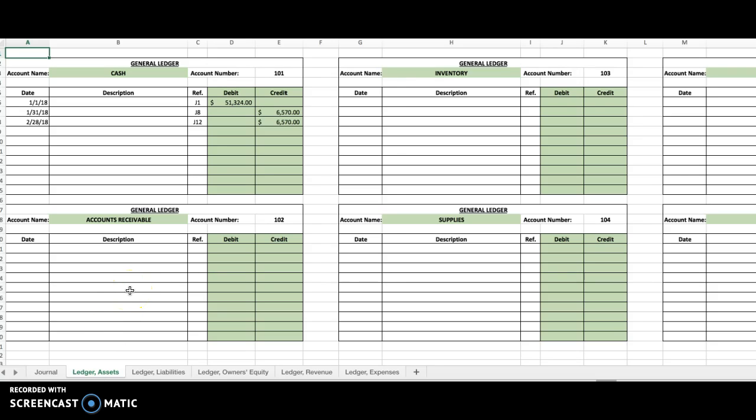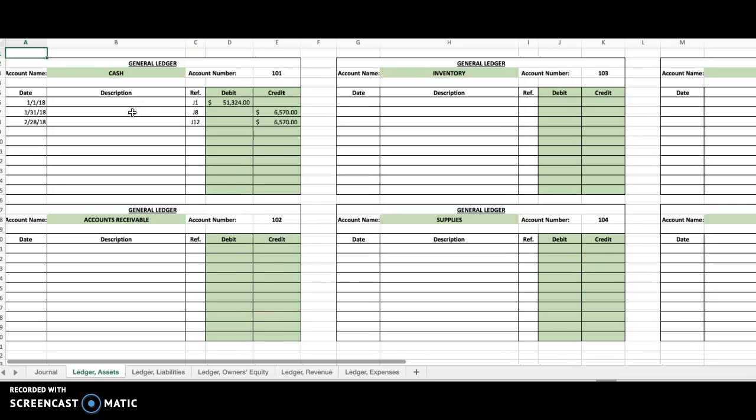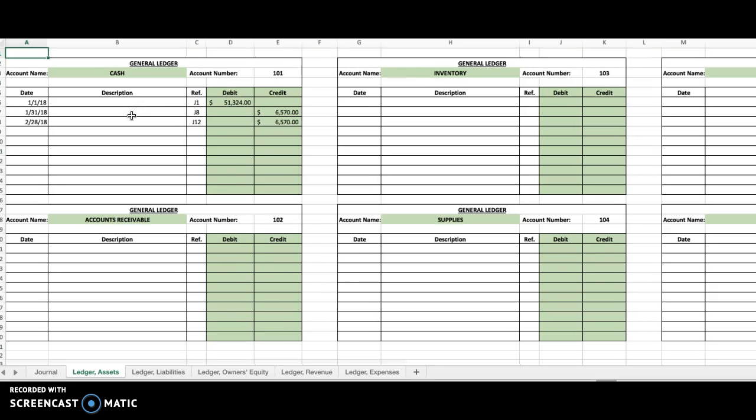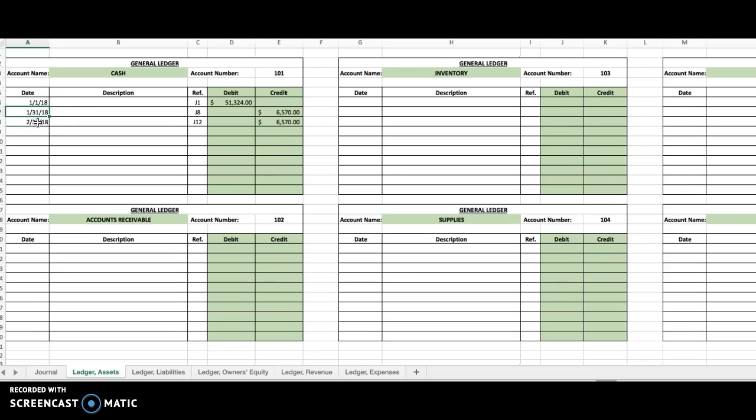Now, as I said before, this company pays its employees every month. So, in cash, along with all the other entries, the debits and credits to cash during the year, we would have these entries. On January 31st, we would have paid a payroll, and the net pay, similar to what you saw in the journal, would have been $65.70.